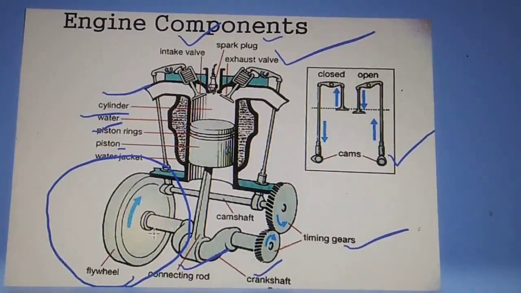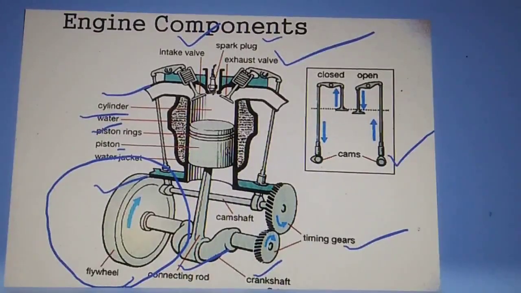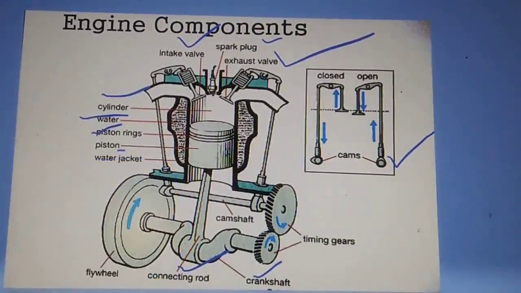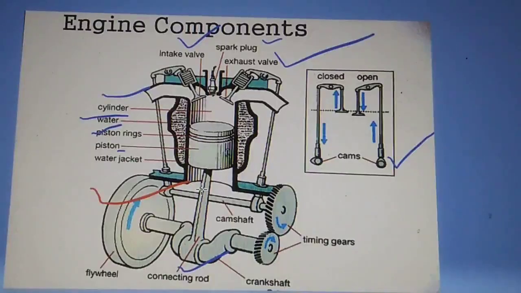In this case the flywheel is attached to the internal combustion engine because the flywheel absorbs the excess energy during the expansion stroke or the power stroke, when the power developed in the cylinder exceeds the demand. This component is the flywheel, and it absorbs the excess energy during the expansion stroke.